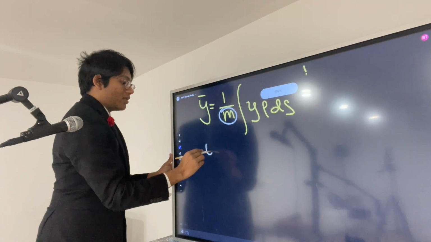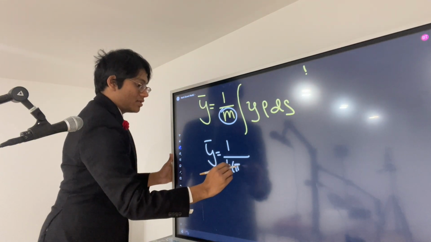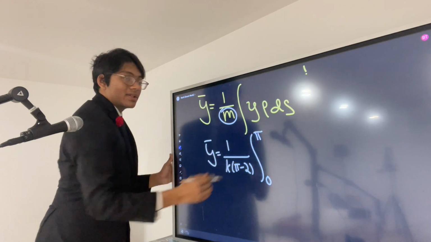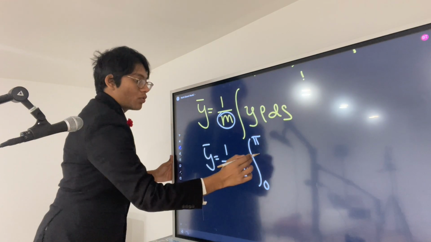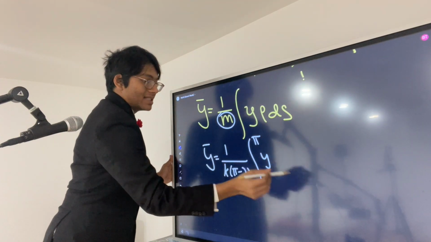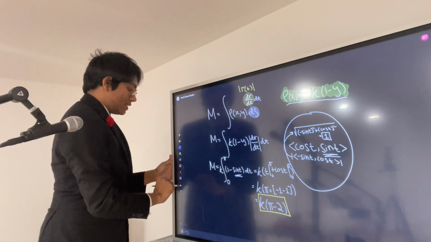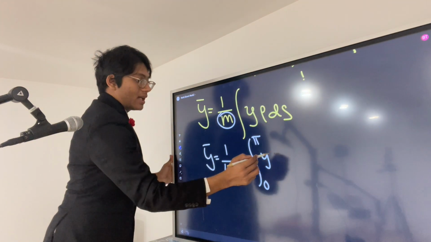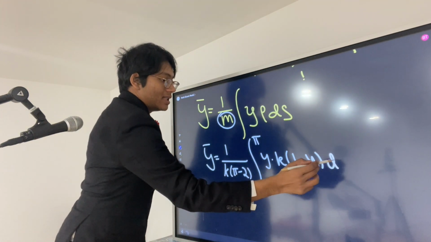And so we have y bar is equal to 1 over k times pi minus 2 times the integral from 0 to pi. Remember, we're only considering the upper half of the circle, a semicircle if you will, times y. What is rho? Rho was the density function. I'll take you back if you don't recall that the density function was constant of proportionality times 1 minus y. So we're going to have times k times 1 minus y.